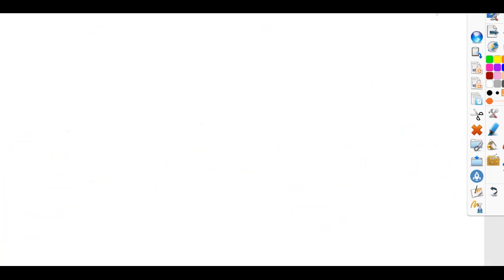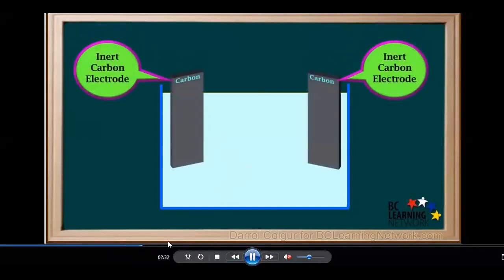So let's take an example for what happens at the two electrodes of the electrolytic cells. We have here an electrolytic cell, which consists, like we mentioned previously, of a cathode and an anode.